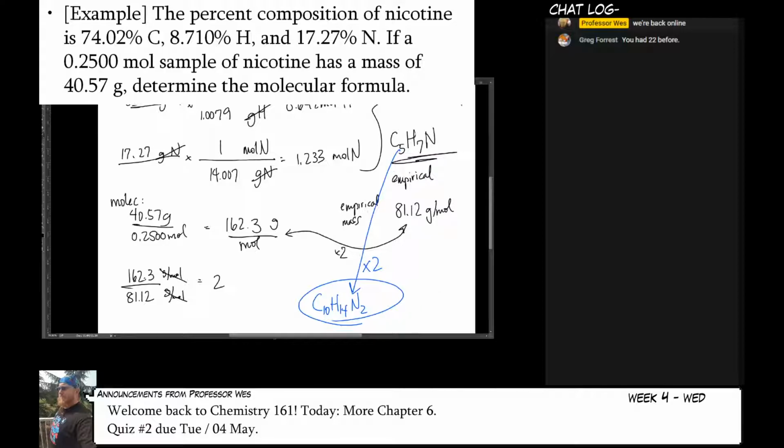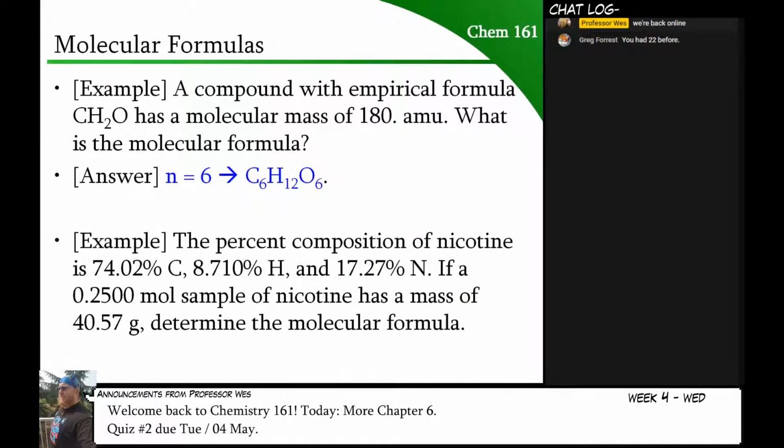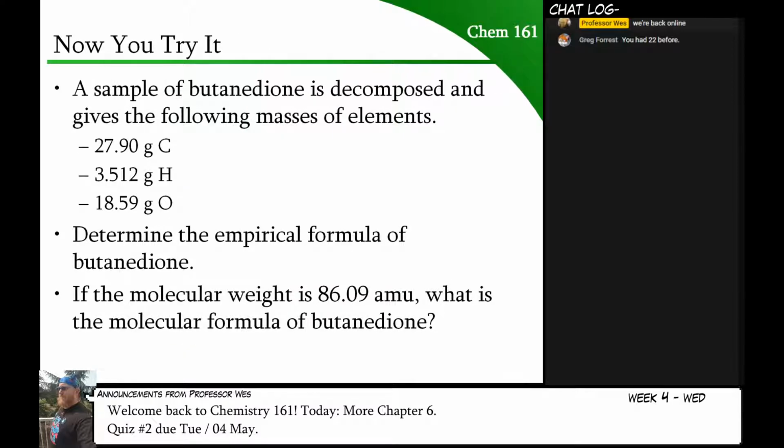And now I need to give you the problem to try, which I had hoped that we would have gotten to like 20 minutes ago, but technical difficulties abound, and also discussions about chlorine gas and TNT and all sorts of stuff. So I'm going to give you butane dione. This is butane dione's elemental analysis.